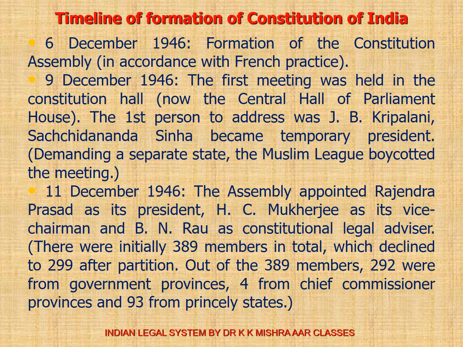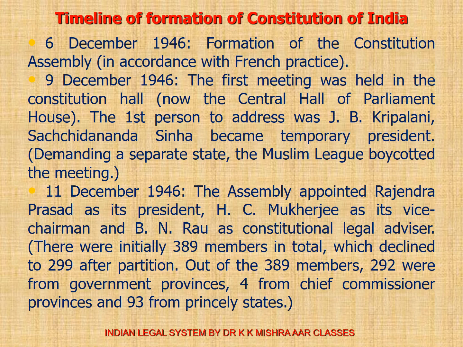Formation of the Constituent Assembly in accordance with French practice started. 9 December 1946. The first meeting was held in the Constitution Hall, now the Central Hall of the Parliament House. The first person to address was J.B. Kripalani. Sachchidananda Sinha became temporary president. The Muslim League, demanding a separate state, boycotted the meeting.